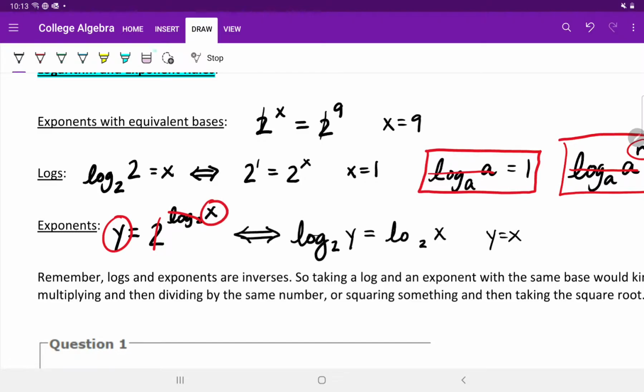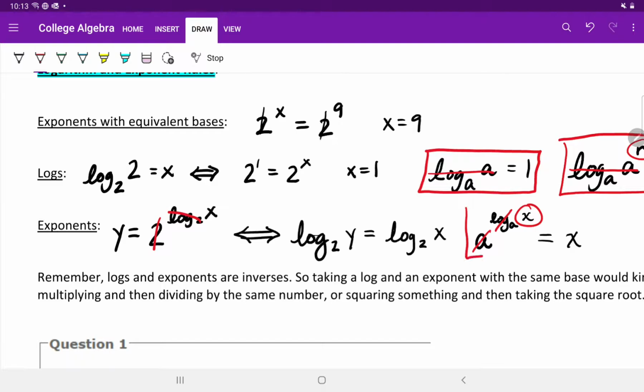So that brings us to a rule. A to the power of log base a of any number, so let's say x, will simplify just to x. So a to the log base a will cancel each other out, and you end up with just this x.